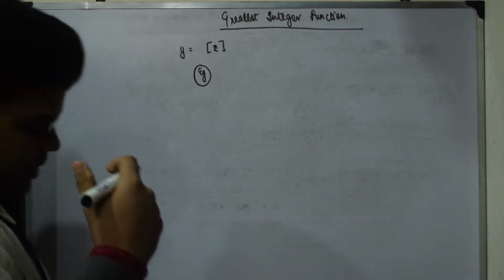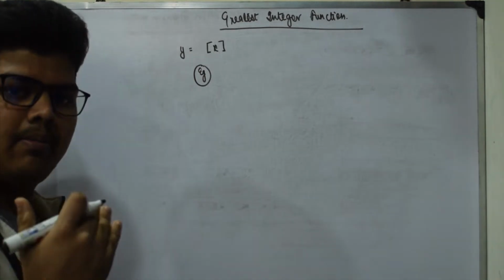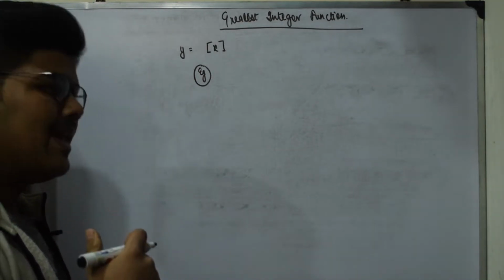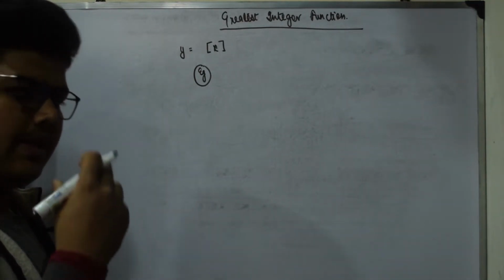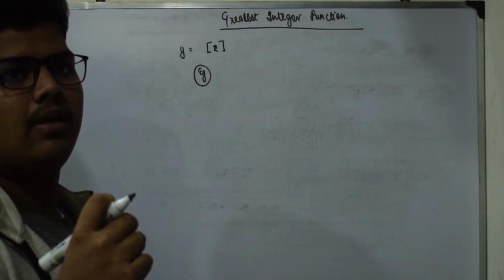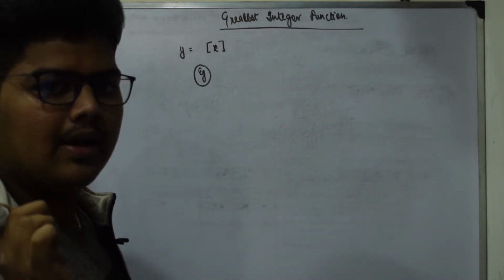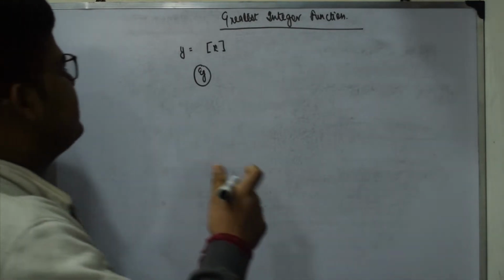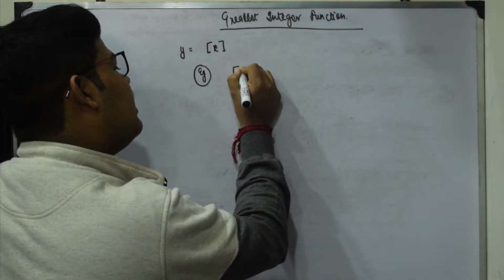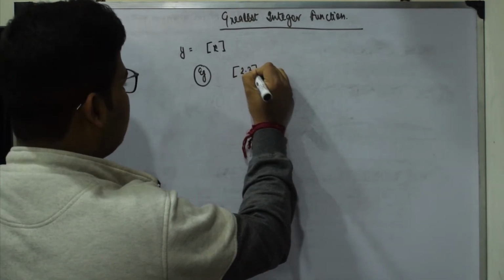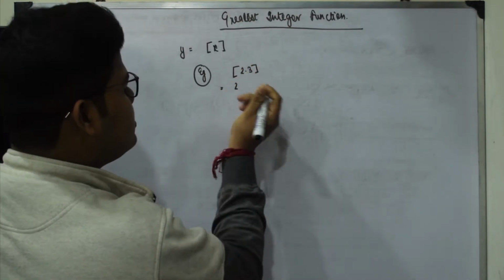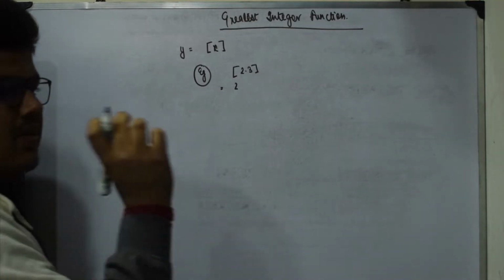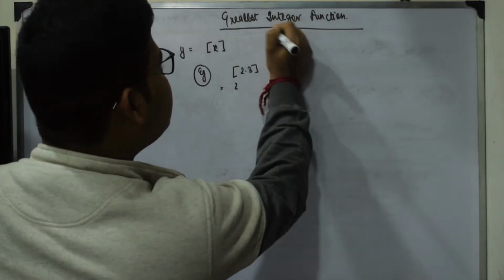Basically, the greatest integer function returns a number which is less than that particular number if the number has a decimal point. For example, 2.3 will return 2, just the previous integer, the greatest integer.